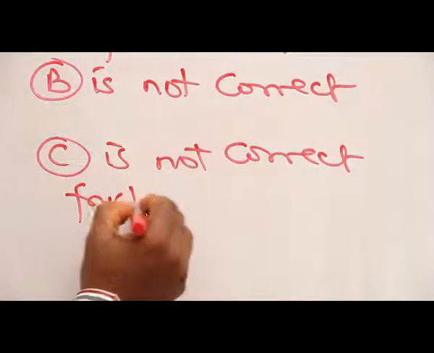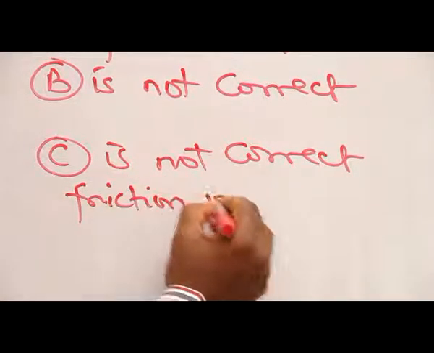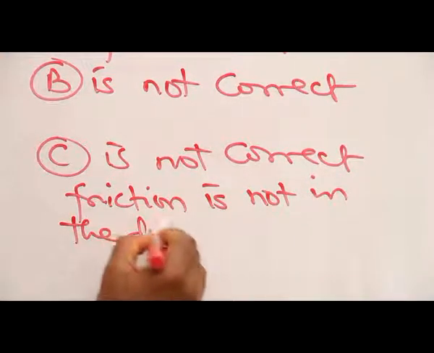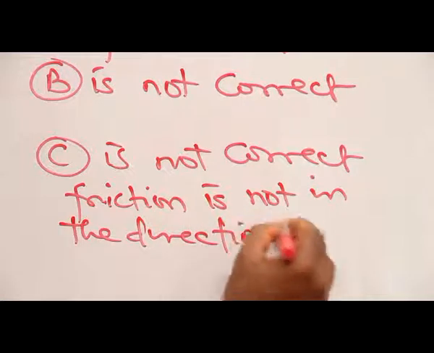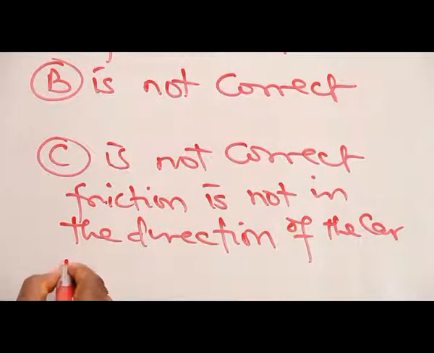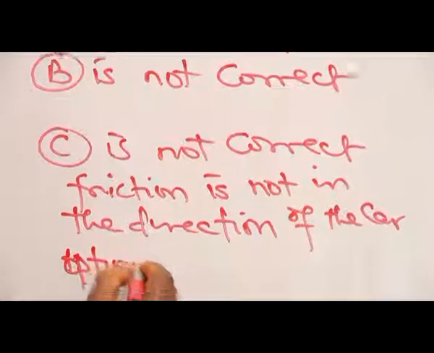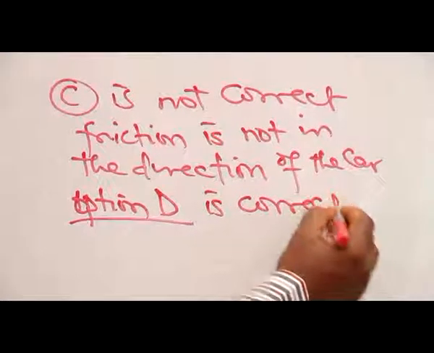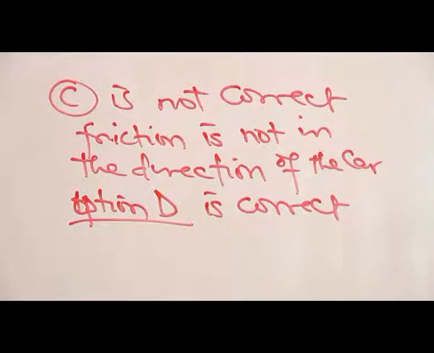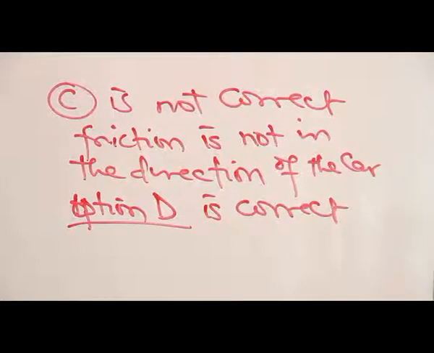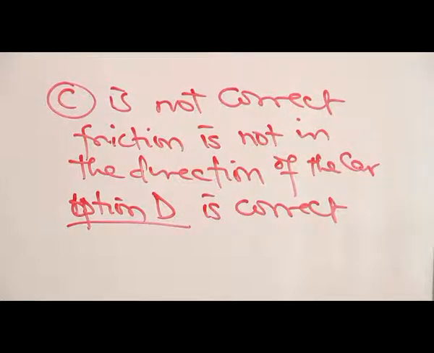Friction is not in the direction of motion of car. Option D is correct. It's an advantage because friction being in opposite direction to the motion of the car helps to bring it to a stop.